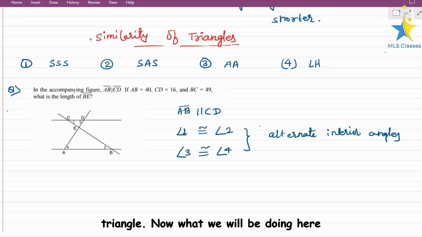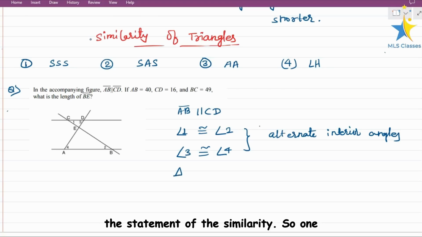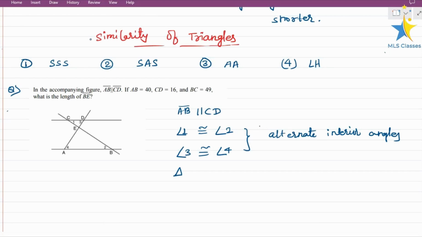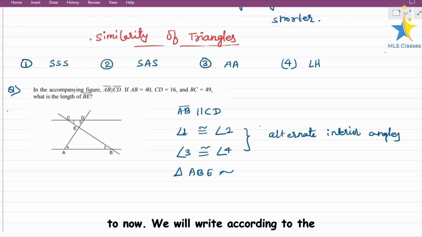Now this is very important in writing the statement of the similarity. One triangle we can write in any order, like we can write A, B, E. This is the sign of similarity. So triangle ABE is similar to, now we will write according to the congruency of the angles or proportionality of the sides, whatever we will be getting.